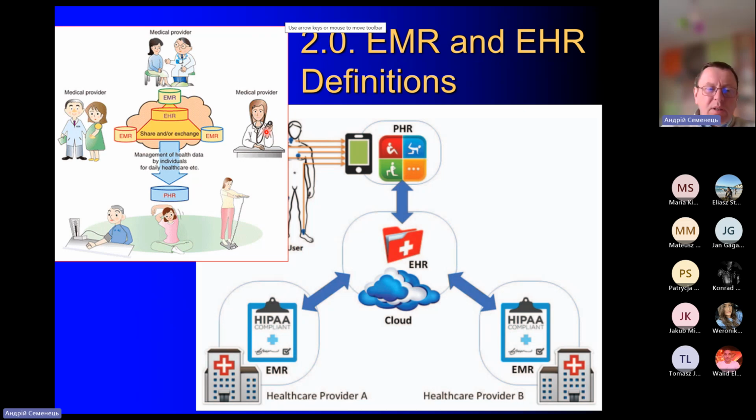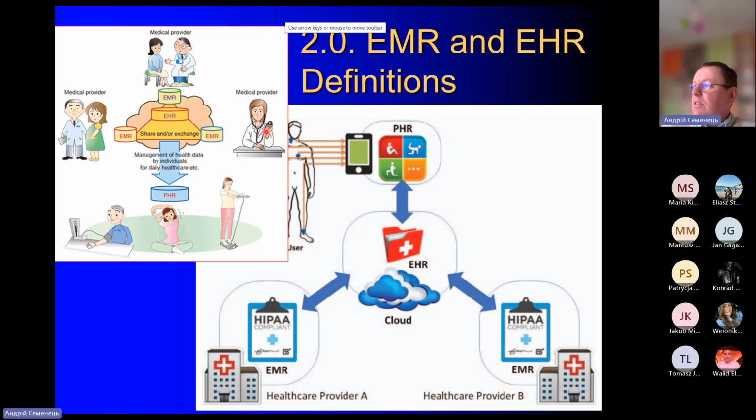During the 21st century, such systems have been created in different countries, starting from highly developed countries, and right now even developing countries are working on implementation of such systems.